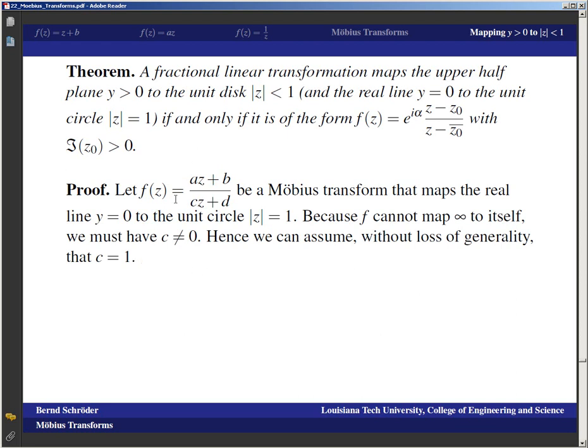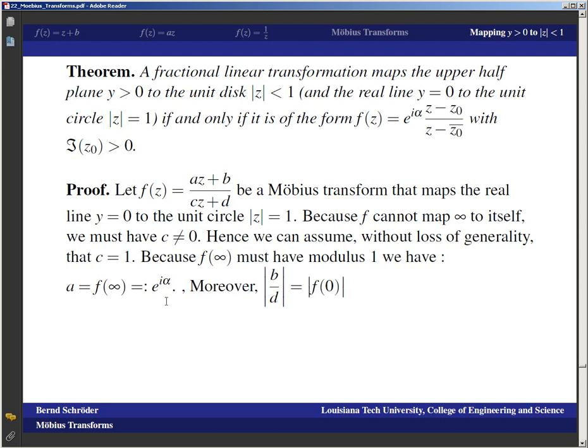Otherwise, we could always just factor out a c in the denominator and stick that as a fraction into the numerator. And because f of infinity must have modulus 1, we also have that a is equal to f of infinity now, and that's because if c is equal to 1, then infinity will go to a. And because it has modulus 1, we can set that equal to e to the i alpha.